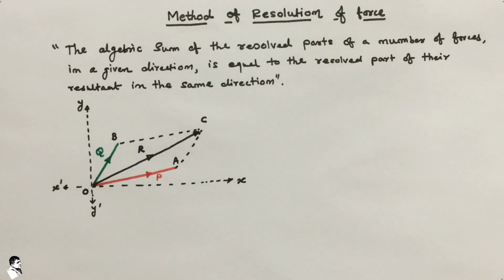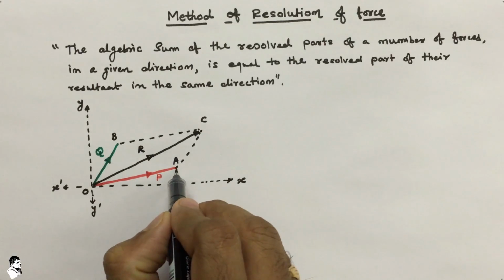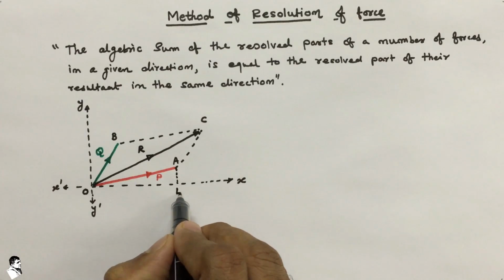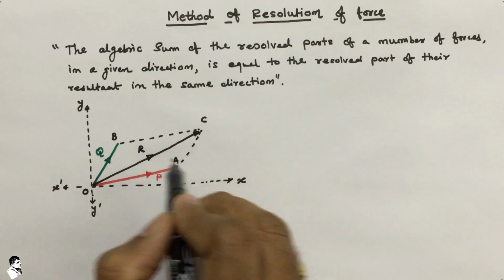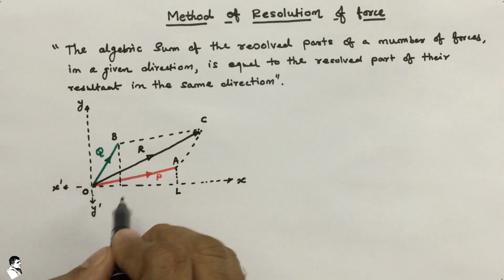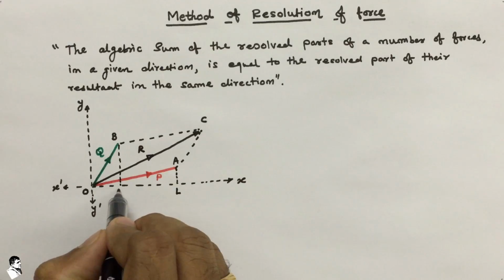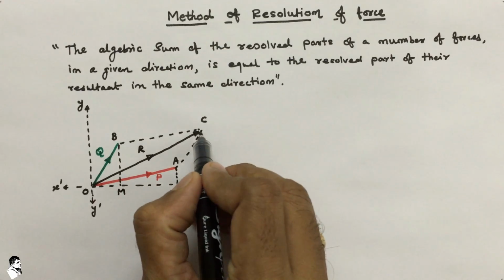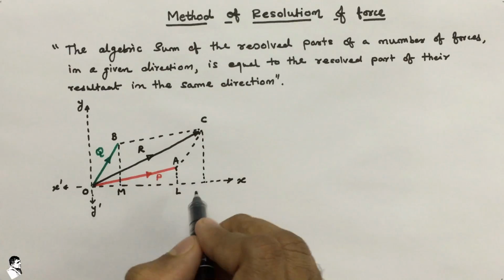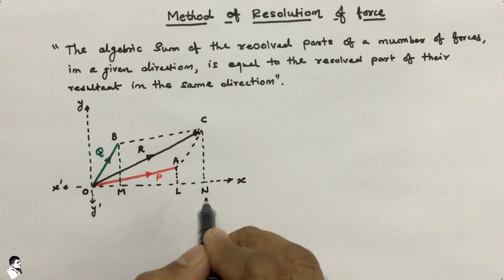Now if we draw a perpendicular line from A, that is AL, and from B on the x-axis, that is BM, and from C, that line is CN.